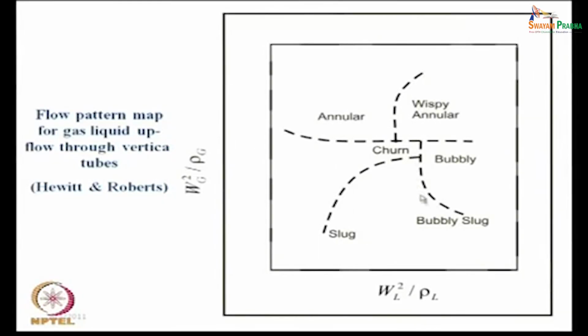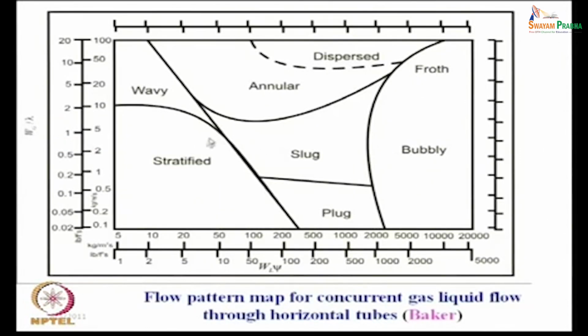So, although in flow patterns we have a tendency of showing them as single curves, they usually occur over a range of conditions, they are not definite curves, and that is why these curves are shown as dotted lines.